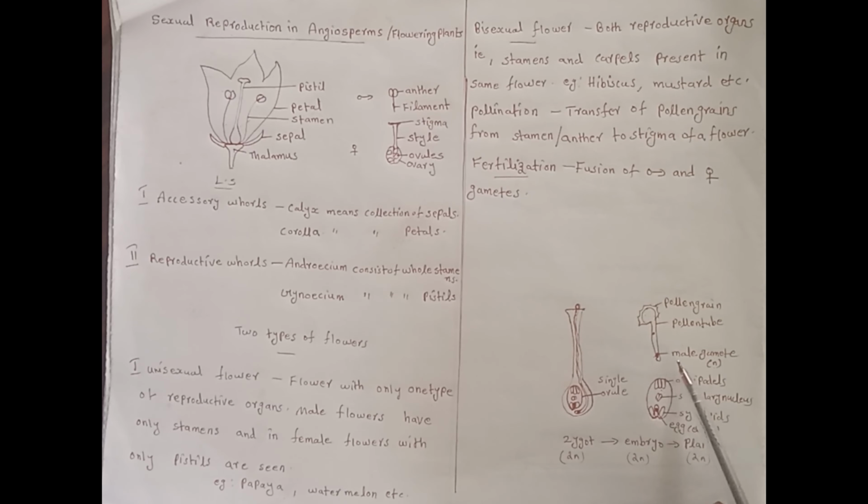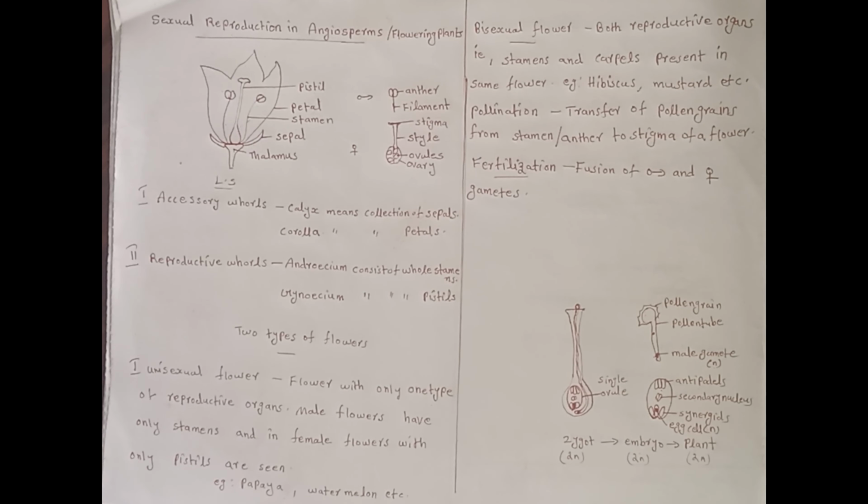After fertilization, a diploid zygote, a single cell, is formed within the ovule. This zygote develops to form an embryo, then the embryo germinates to form the plant.